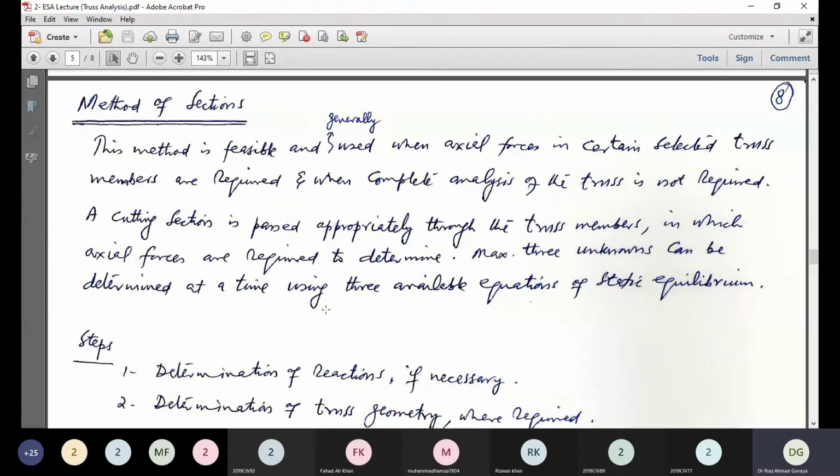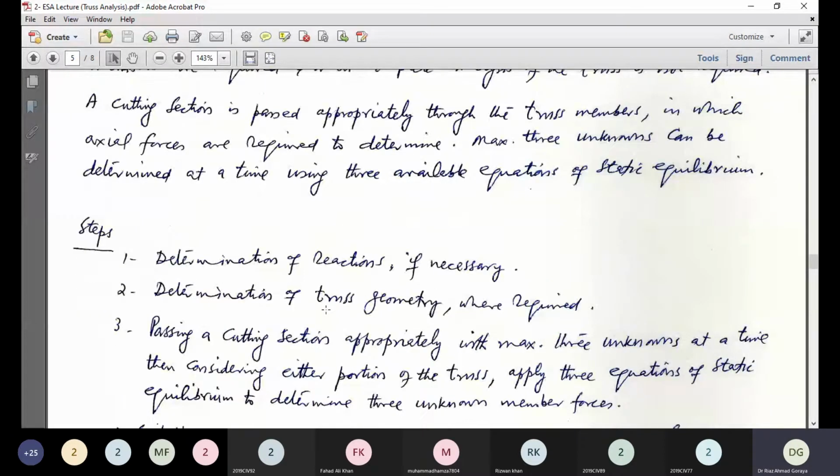A cutting section is passed appropriately through the truss members in which the axial forces are required to be determined. A maximum of three unknowns can be determined at a time using three available equations of static equilibrium.